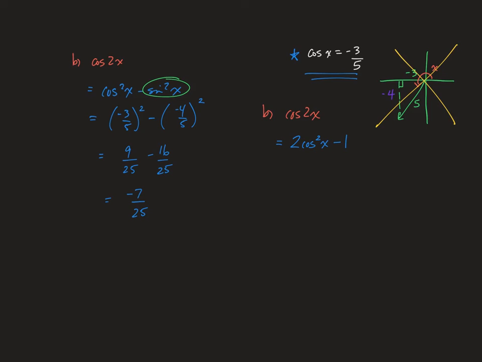The way I remember which version it is: since I have coses in the original, my 2 cos squared comes first. The other form I have to debate between was 1 minus 2 sine squared. No, because my original was coses, if I want to put the 1 first, that makes the sines go second. That's just how I remember it. Could be a useful device.